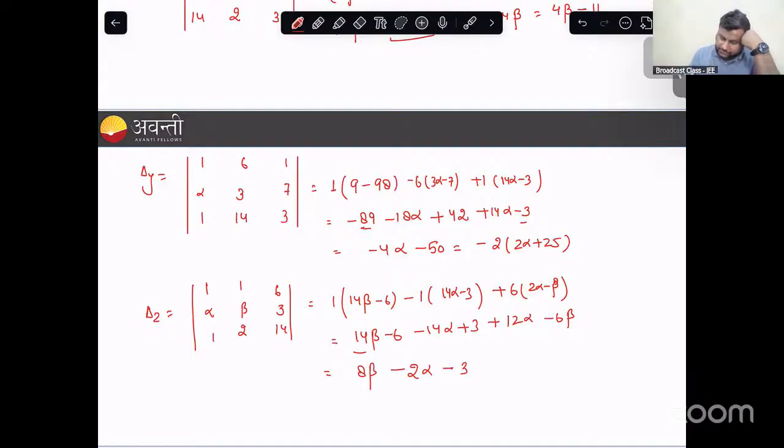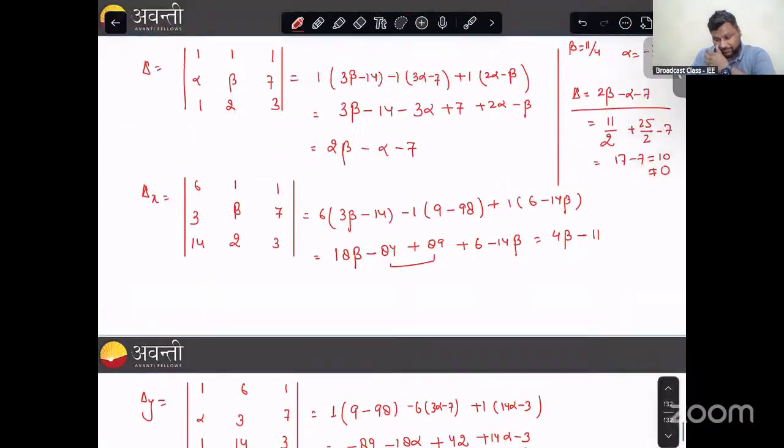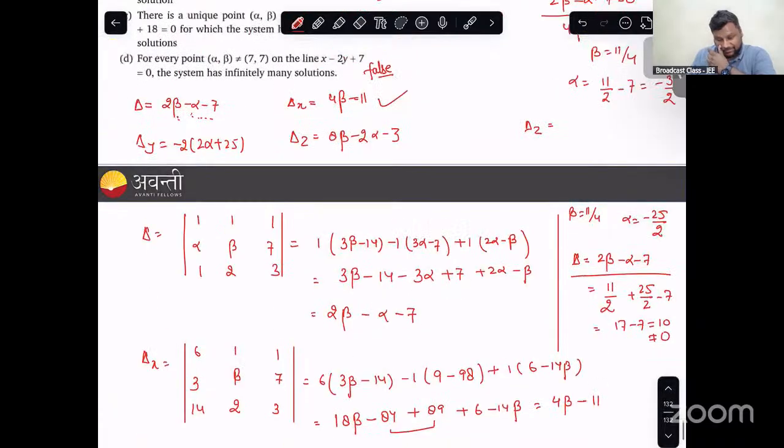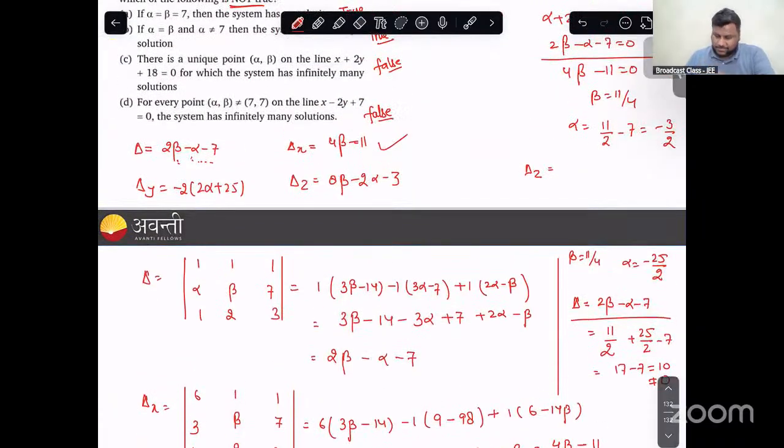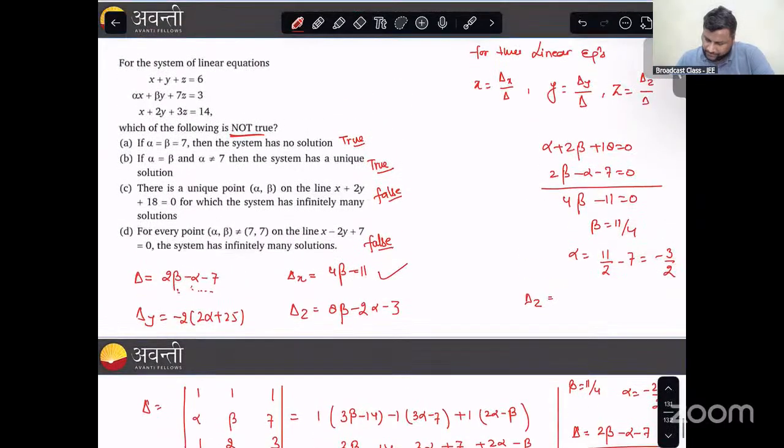So minus 4 alpha, 42 minus 3, 39. Correct. Yes, so everything is correct. Minus 50 minus 4 alpha, so 2 alpha plus 25. So alpha is minus 3 by 2.